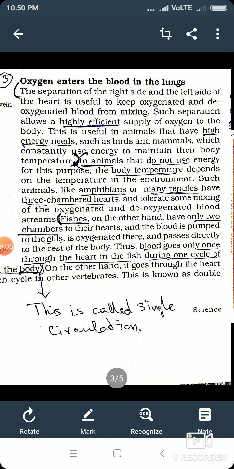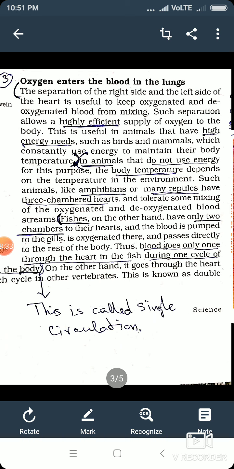In class 9th in the lesson Diversity, you have already studied that amphibians have a 3-chambered heart, and reptiles have a 3-chambered heart except the crocodile. Crocodile has a 4-chambered heart. Now they can tolerate some mixing of oxygenated and deoxygenated bloodstream.